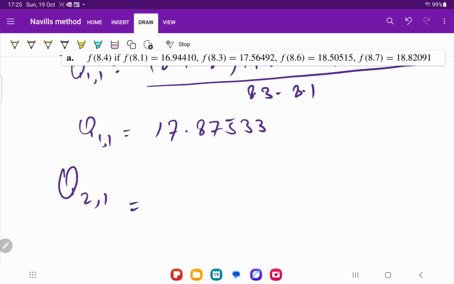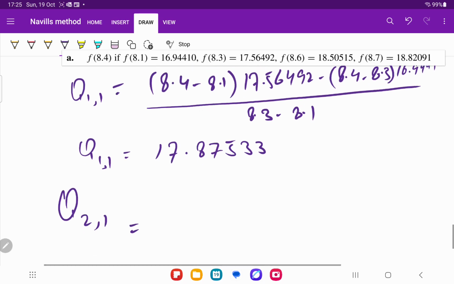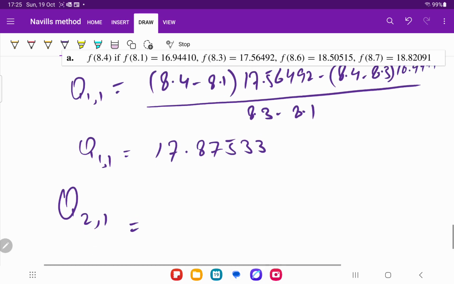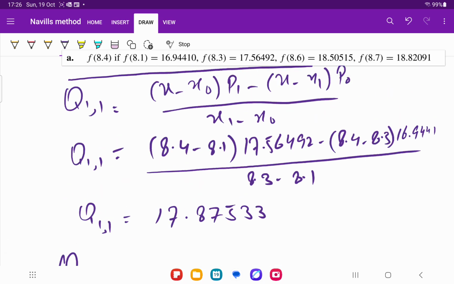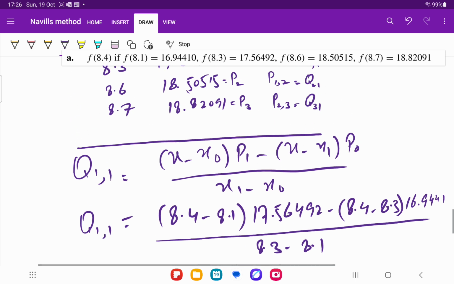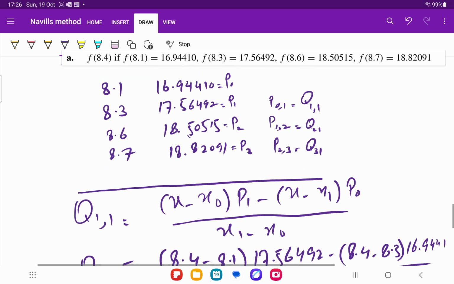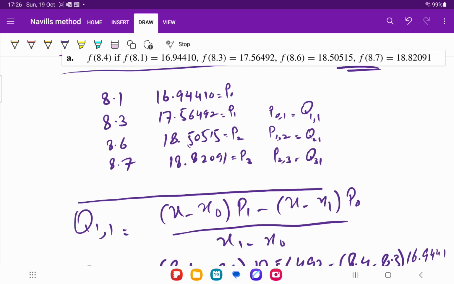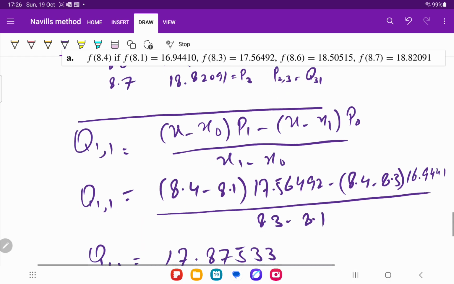Yeah. So now we'll try to calculate Q21, which is also P12. In this one we have 8.3 and 8.6.